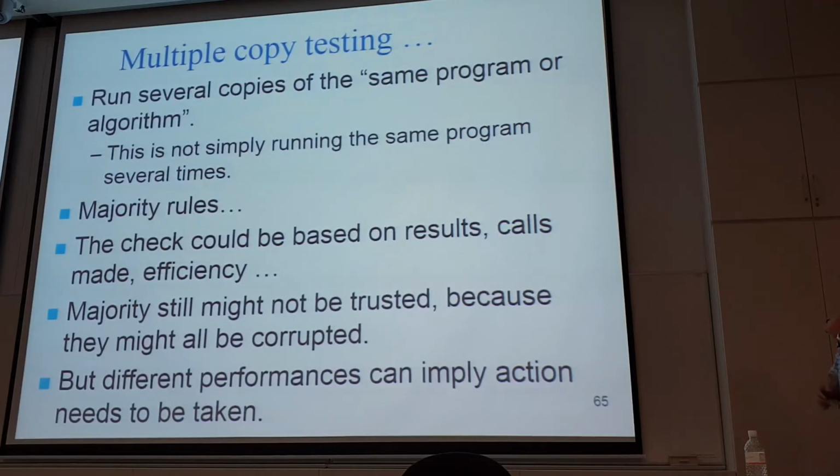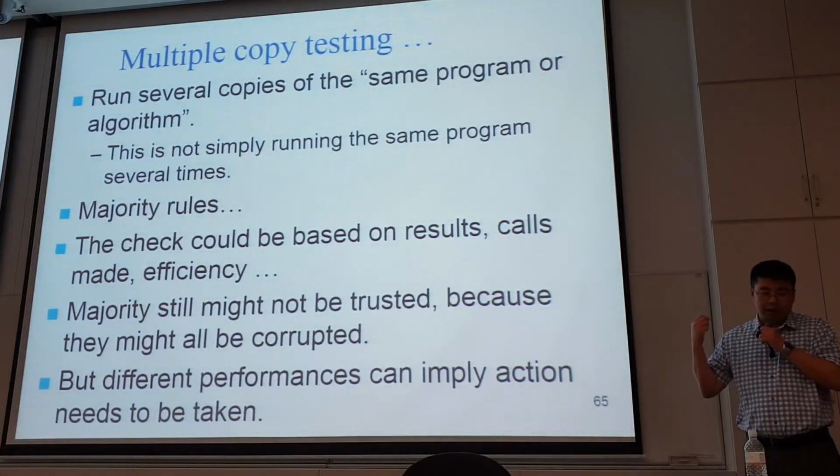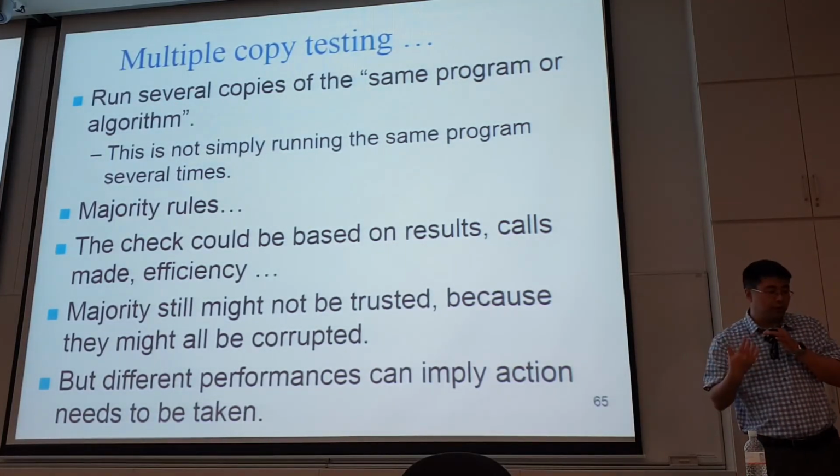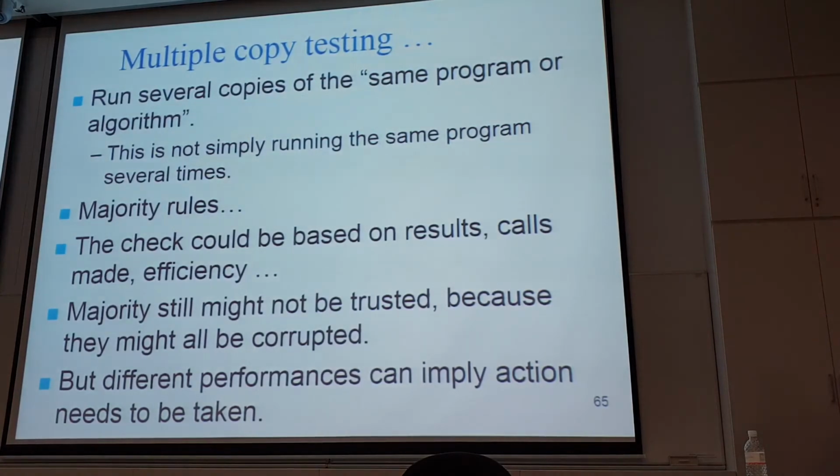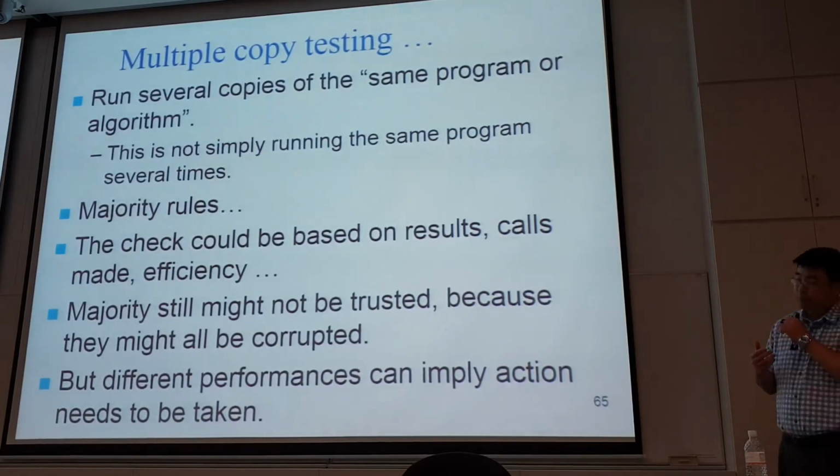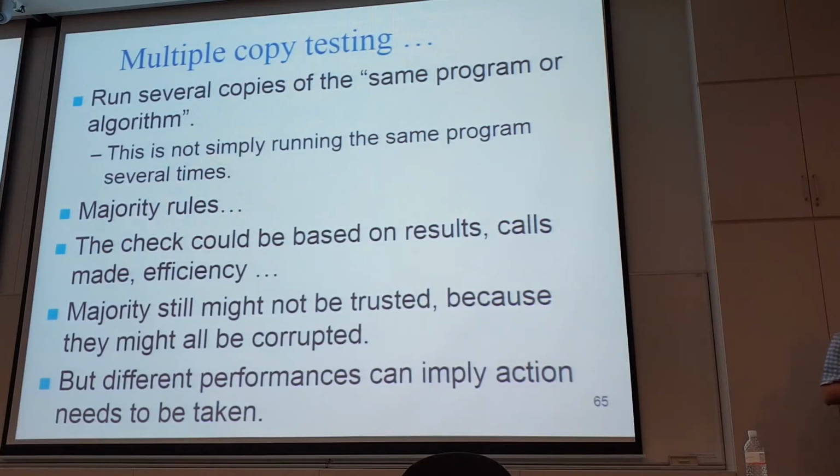One way, without using a scanner, is to do detection by using some other method. For example, one of the approaches proposed in the literature is the so-called multi-copy testing. You don't just store the program as one copy, you store several copies. Then every time, you can run several copies and compare the results. Here, the result is not just the output.